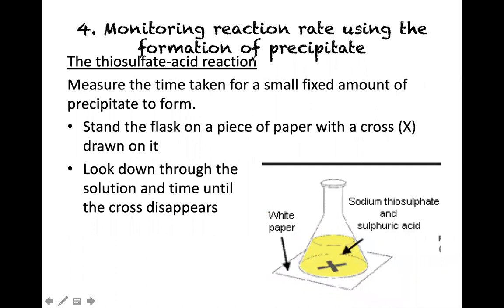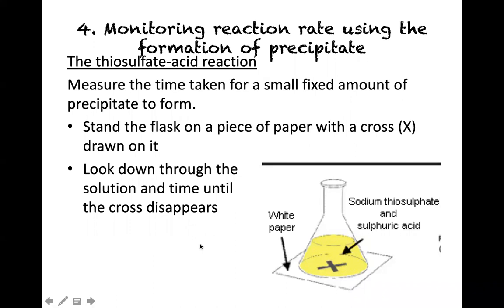Right, next is monitoring reaction rate using the formation of precipitate. This is also a reaction that you have done in your practical. So you measure the time taken for a small fixed amount of precipitate to form. Basically, have an insert at the bottom of your flask or beaker. It can be a writing, it can be a cross or whatever.